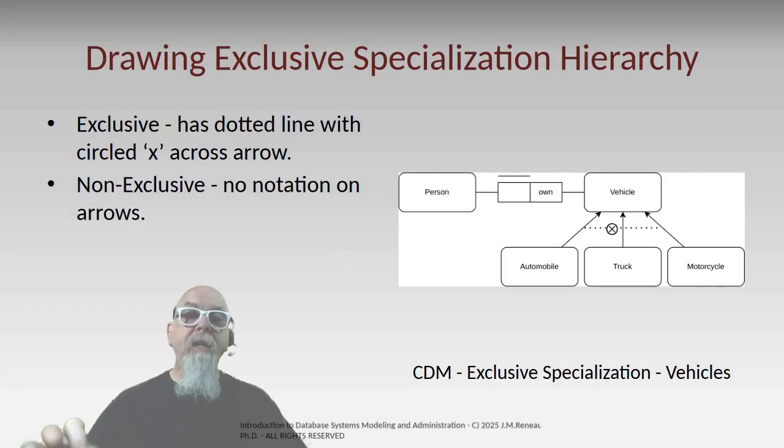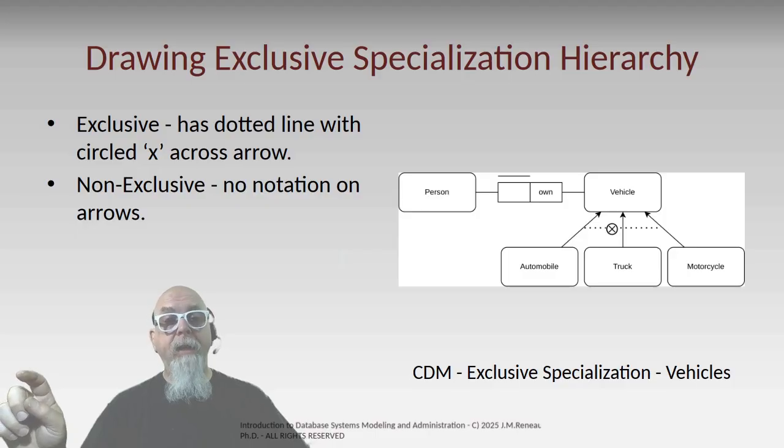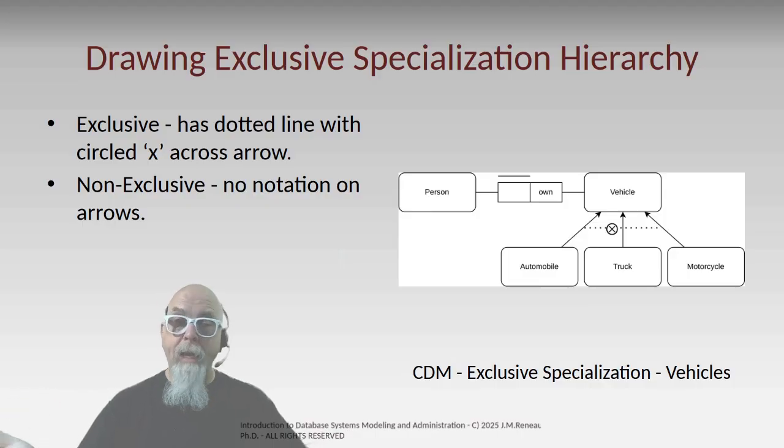If a specialization or generalization is exclusive, it can only be one, then we put a little dash line across the arrowheads and put a little circle with an X so that we can see that it's only one. So a vehicle can only be an automobile or a truck or a motorcycle. It can't be two at once.